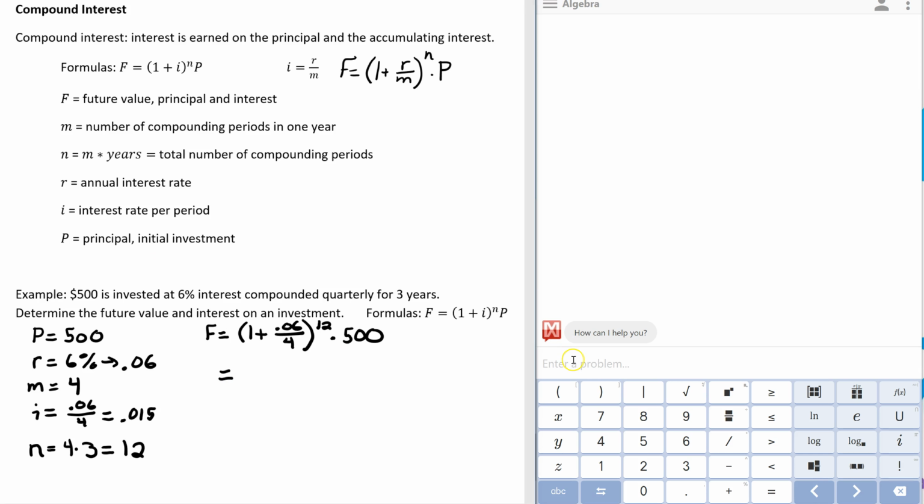Our calculator can solve this for us. The quantity 1 plus 0.06 divided by 4 raised to the 12th power and then multiplied by 500.